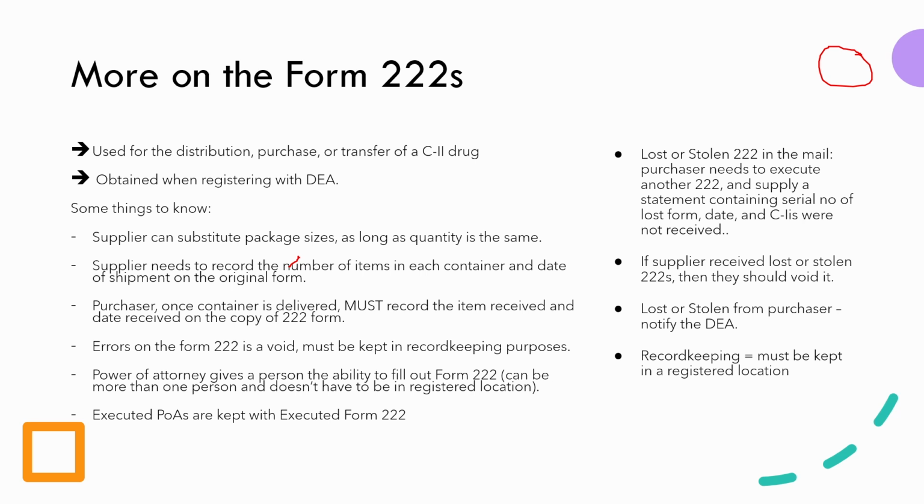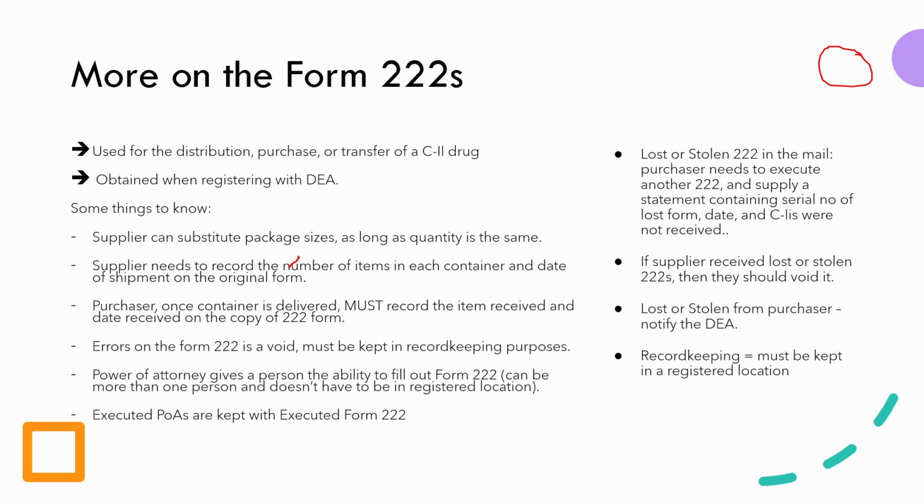So here on the right-hand side of the screen, it talks about what happens if the 222 got lost or stolen in the mail. First of all, when that happens, the purchaser needs to execute another 222 and supply a statement that has the serial number of the lost form, the date, and the C2s that were not received.